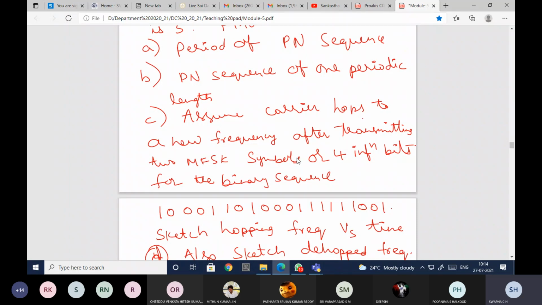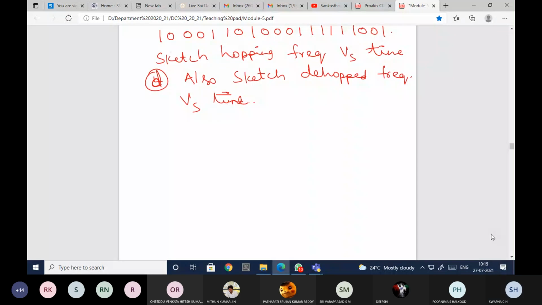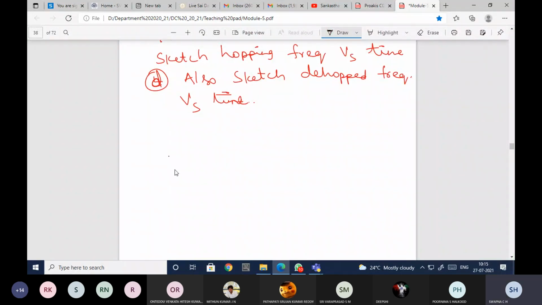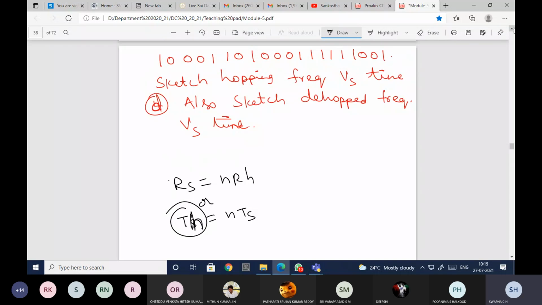Okay, so here if you recall, I have represented RS is equal to N RH, or I have even represented it as TH is equal to NTS. So see the hopping.